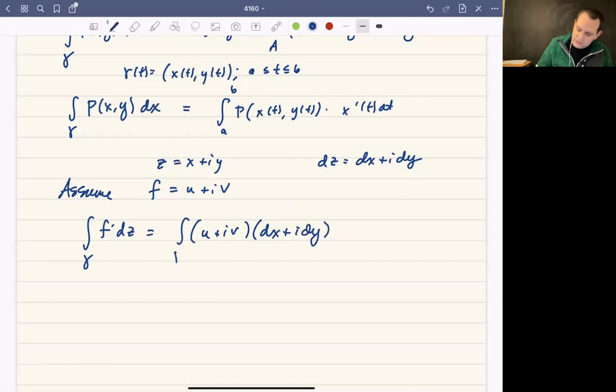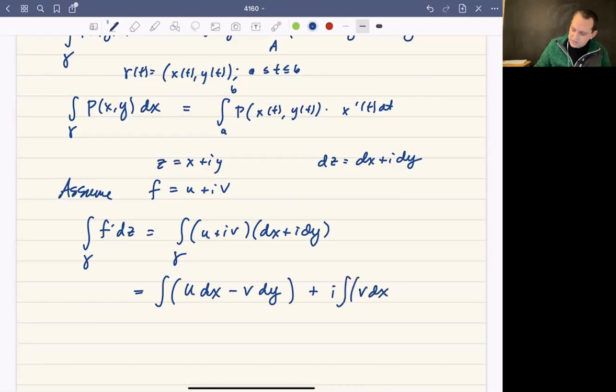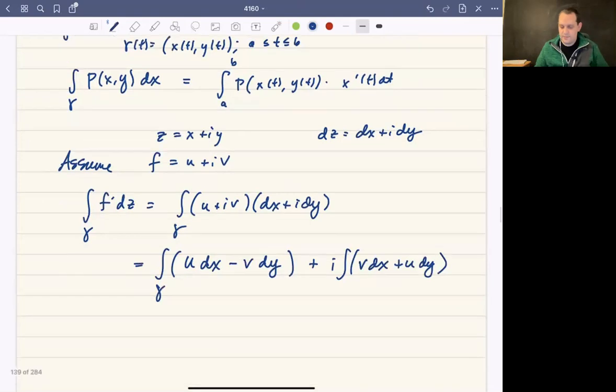It turns out that you can distribute these. That's the proper way to do this. This would be the integral of u dx minus v dy, plus i times the integral of v dx plus u dy. That's the integral over gamma.